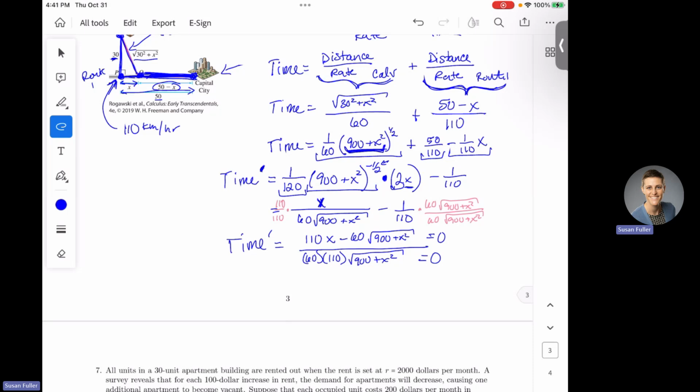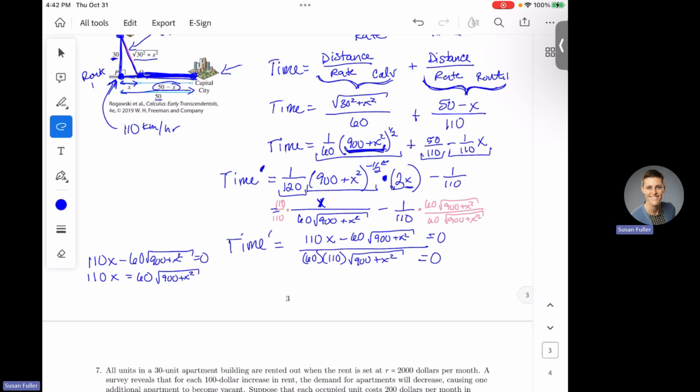Okay, so let's set this top equal to 0. So I'm going to have to solve out where 110 times x minus 60 times the square root of 900 plus x squared equals 0. I can add that 60 times the square root over. Okay, now because I have a variable stuck underneath that square root, I'm going to want to square both sides.